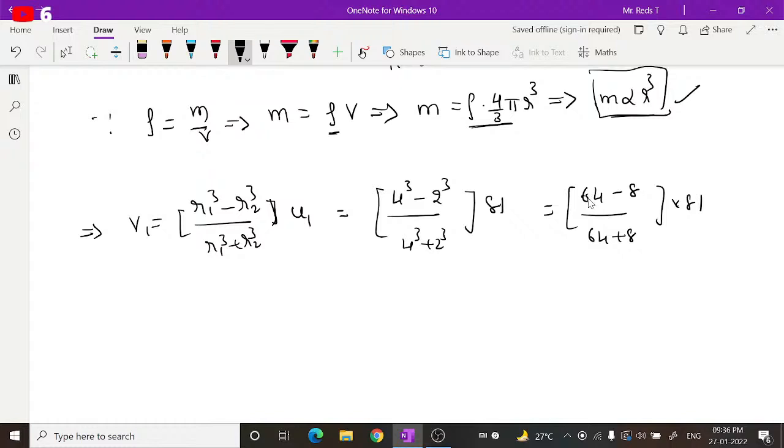So this is equal to 64 minus 8, which is 56, divided by 64 plus 8, which is 72, into 81. So try to cancel out with the nines, how many times does it go?